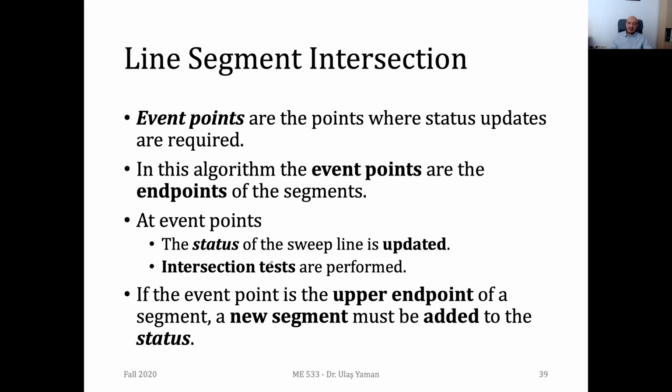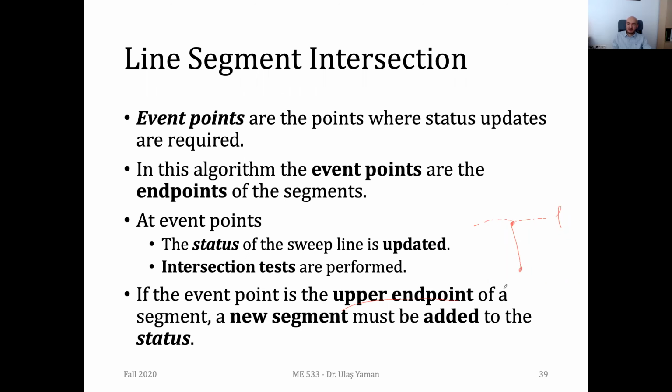So if the event point is the upper end point, let me draw it here. So that this is our line segment. And if you have such a sweeping line, and we say that if the event point is the upper end point of a line segment, then that means obviously a new segment is going to be added to the status.